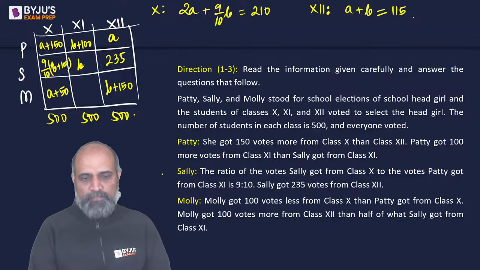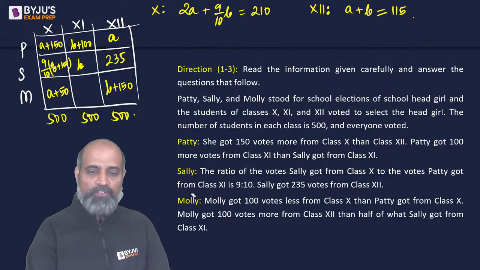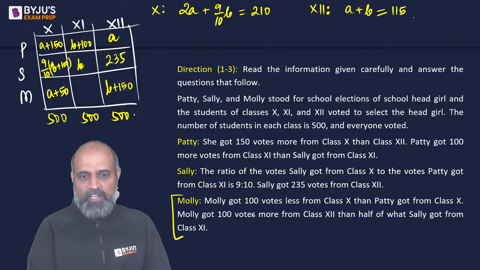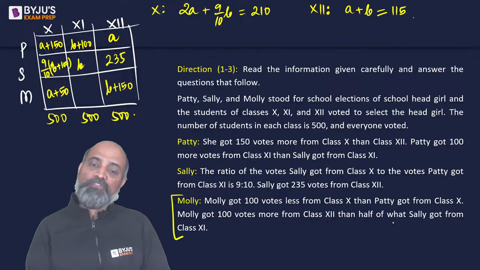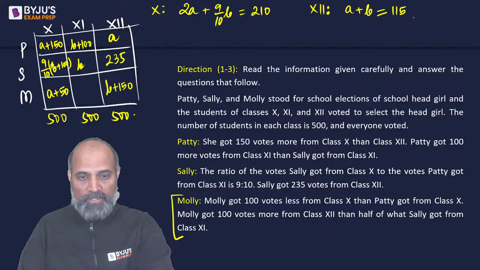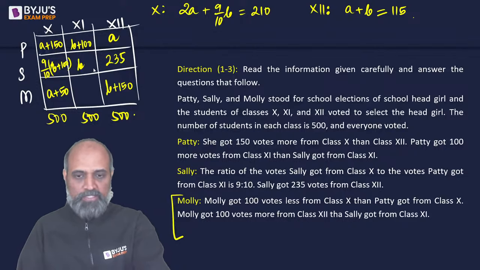Okay, so I have changed the Molly language, if you guys paid attention. Molly got 100 votes more from class 12th than half of what Sally got from class 11th. How much did Sally get in class 11th? Yes, I'm saying Polly, that's what's going wrong. Hold on.